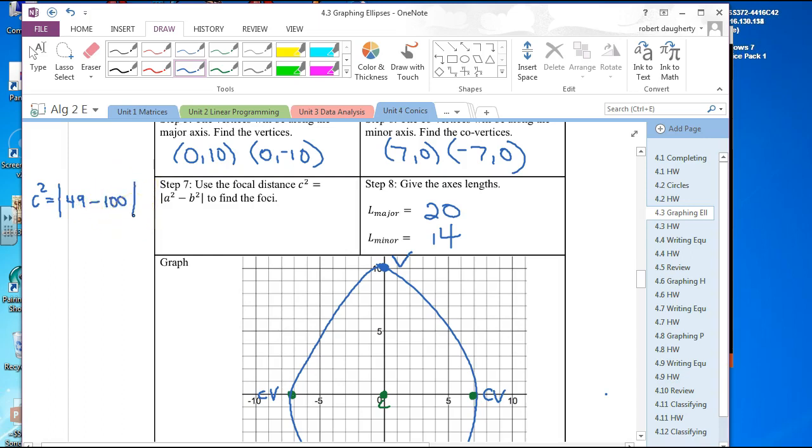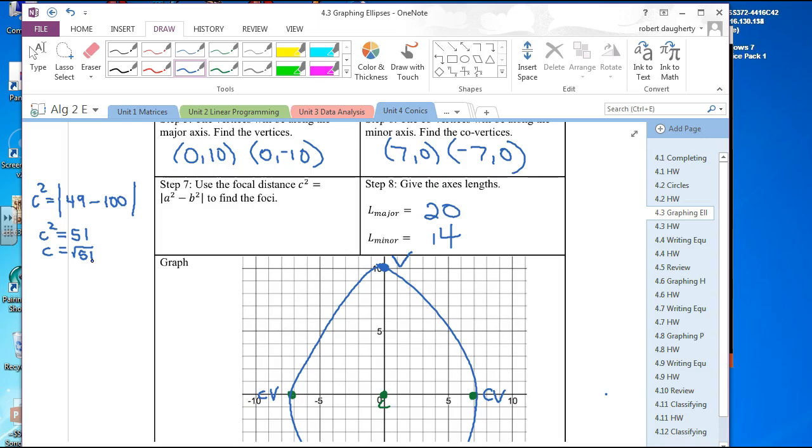The absolute value is 51. So C squared equals 51. That means C is equal to the square root of 51. So the distance from the center to the focus is the square root of 51.